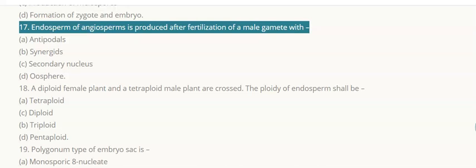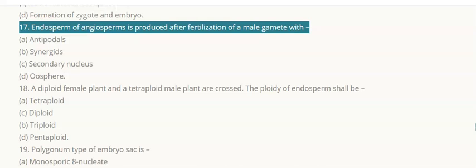So we simply go with option C, secondary nuclei. It is written as secondary nucleus, but there are always two nuclei, so I'm saying secondary nuclei. In all, there are 8 cells: 3 antipodals, 2 polar nuclei, and 1 oosphere, followed by 2 synergids.